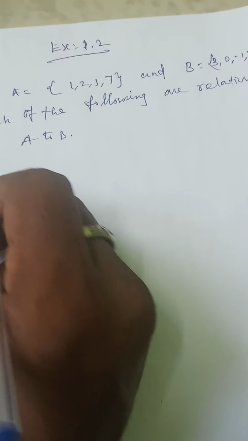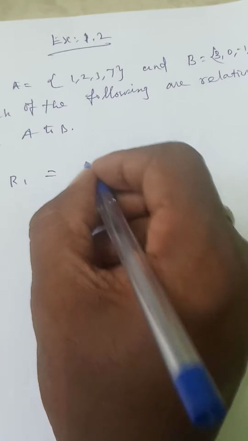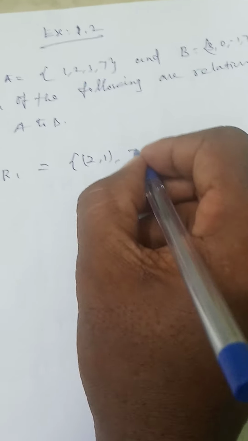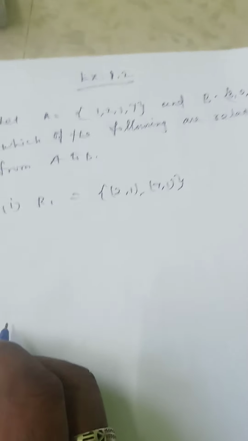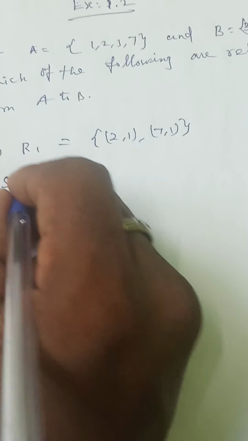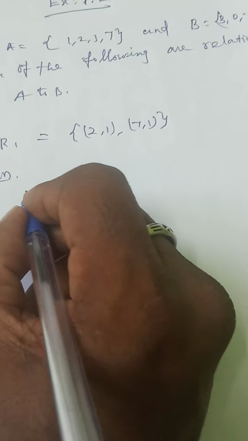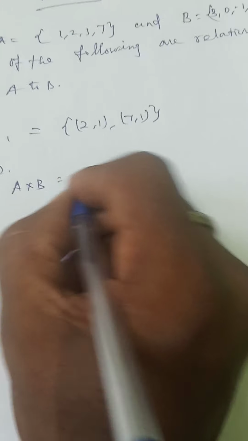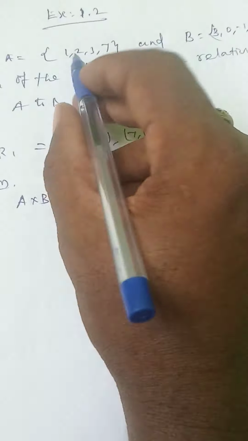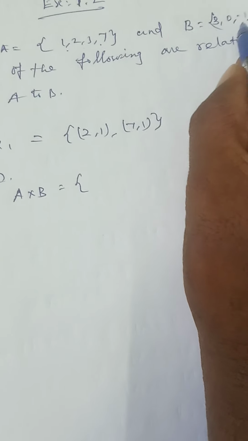First subdivision: R1 equal to {(2,1), (7,1)}. Solution: compare with A cross B. You find A cross B, where A is {1, 2, 3, 7} and B is {3, 0, minus 1, 7}.